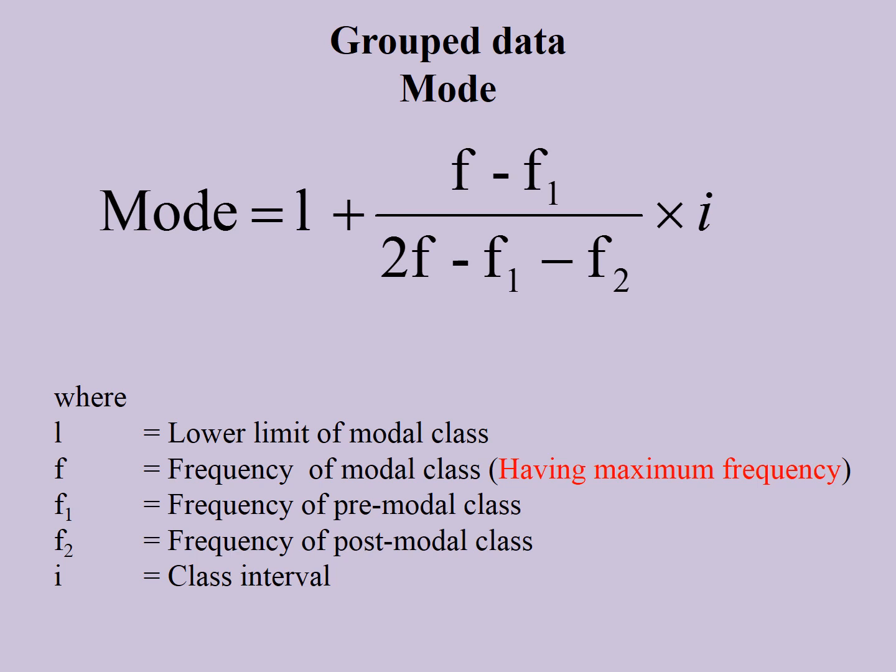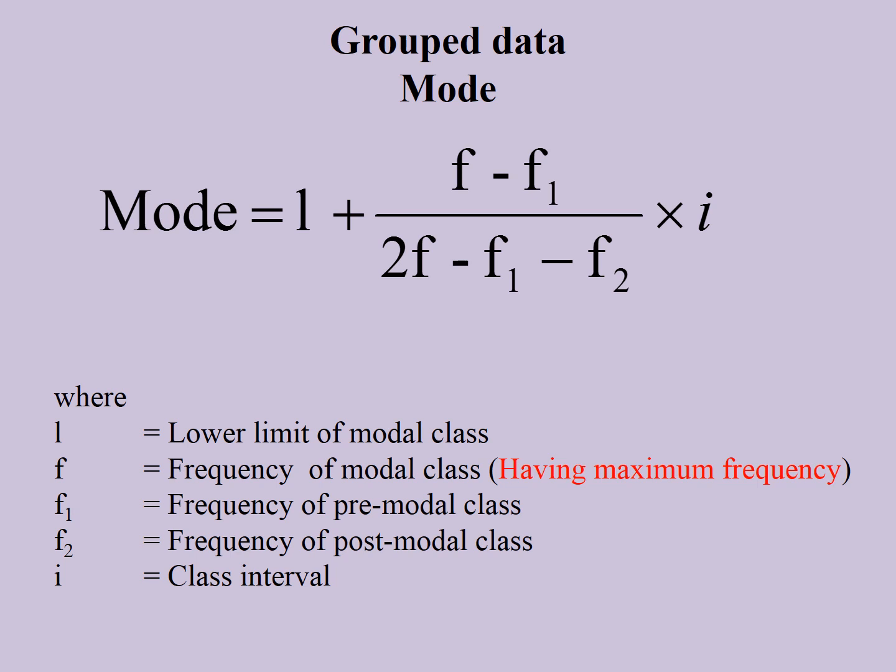F stands for the frequency of the modal class. In the previous example, which median class did we select? The median class having the n by 2 value equal to or less than the cumulative frequency of that class.